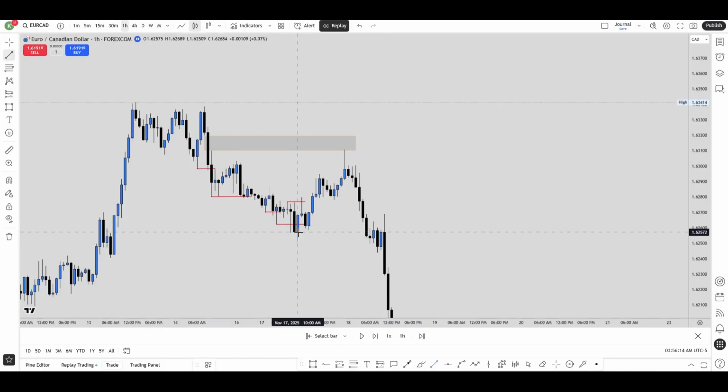And prior to price pushing all the way into that particular imbalance, we can see that price tapped into an order block right here. So price tapping into this particular order block was what changed the character of price to aim for this particular imbalance. And the moment price reached for this particular imbalance, we can see how price started dropping aggressively in continuation with the sell trend that was in vogue originally.